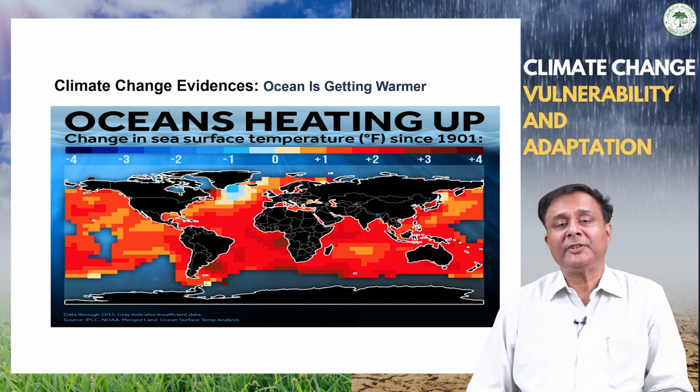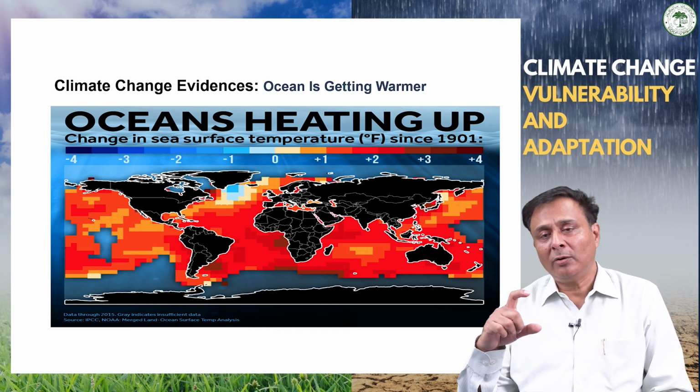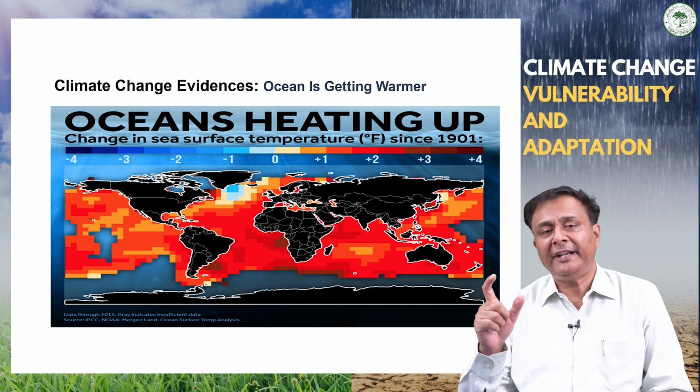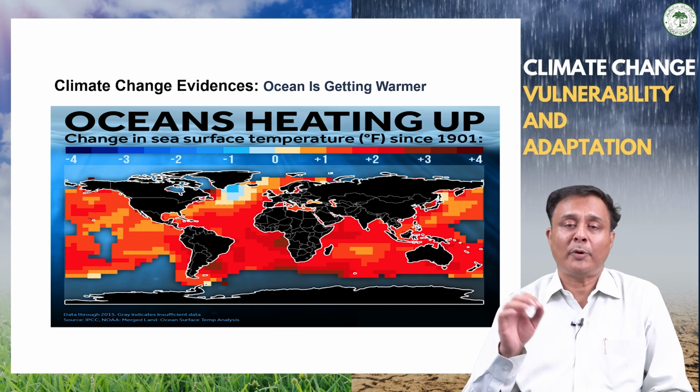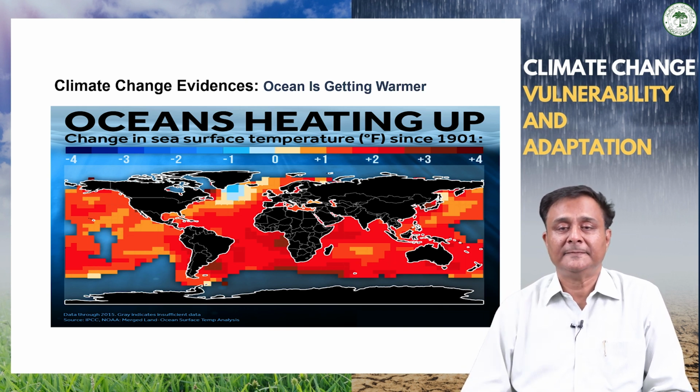I have tried to explain earlier also that the ocean absorbs much of the heat from the atmosphere. And interestingly, the scientists suggest that the top 100 meters, somewhere around 325 feet of oceans, is showing warming of almost 0.7 degrees Fahrenheit, about 0.33 degrees Celsius.